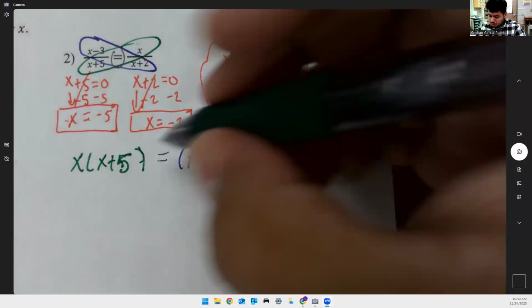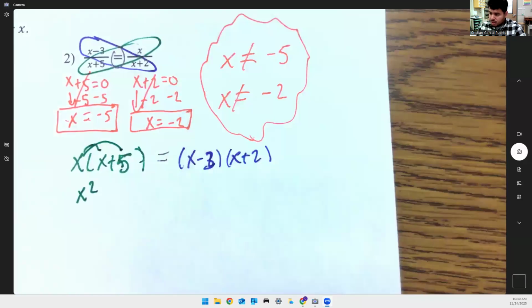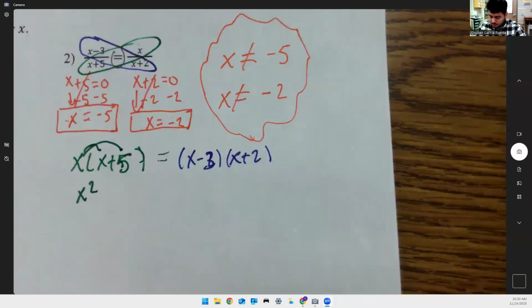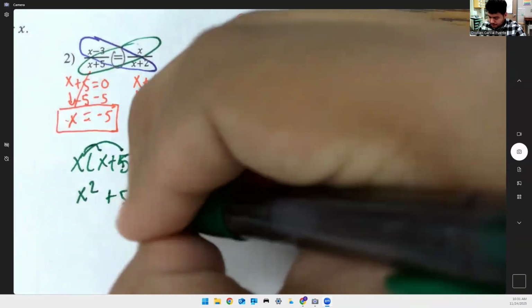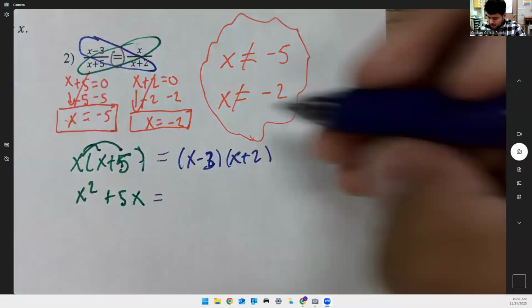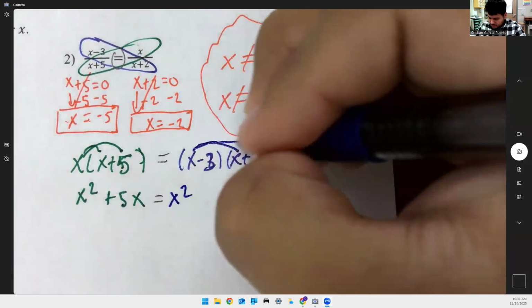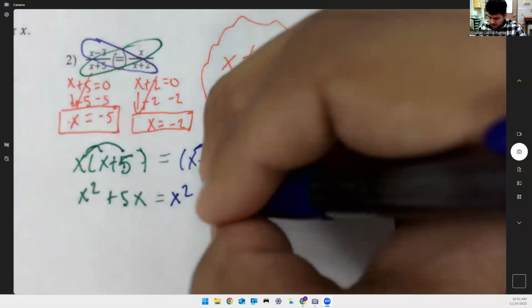Now just distribute. So what's x times x? That's x squared. What's x times positive 5? 5x. The equal stays. What's x times x? x squared. What's x times 2? 2x.